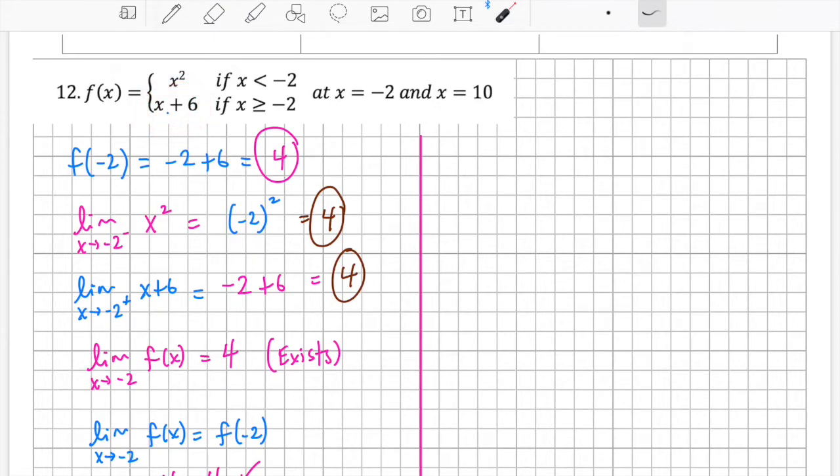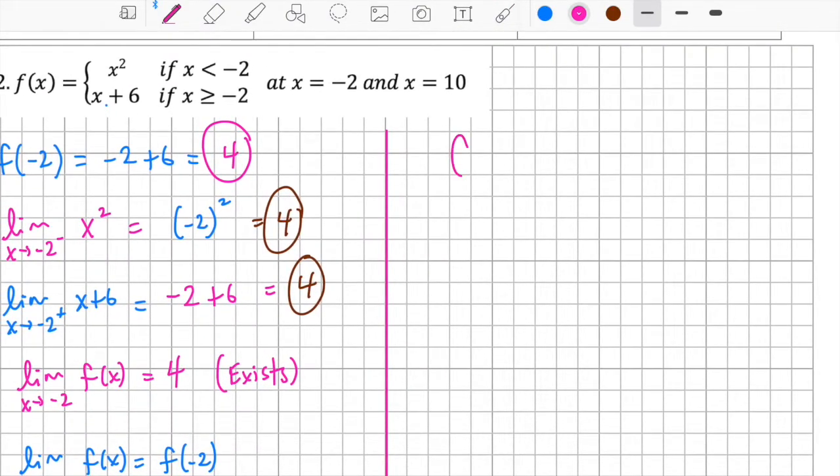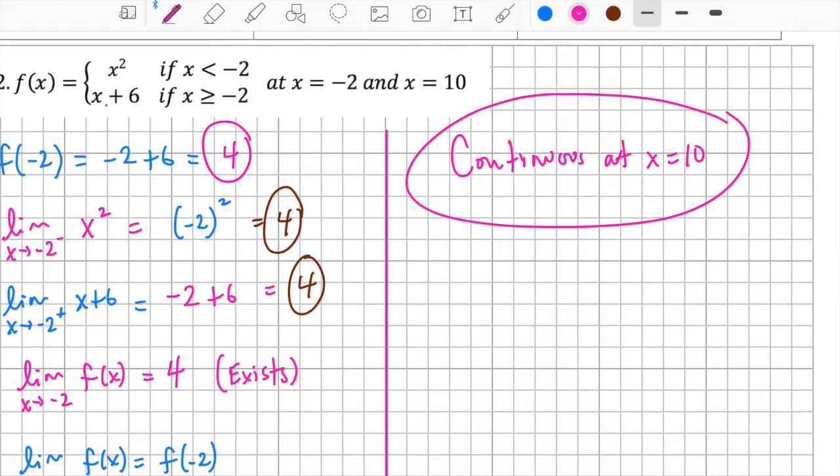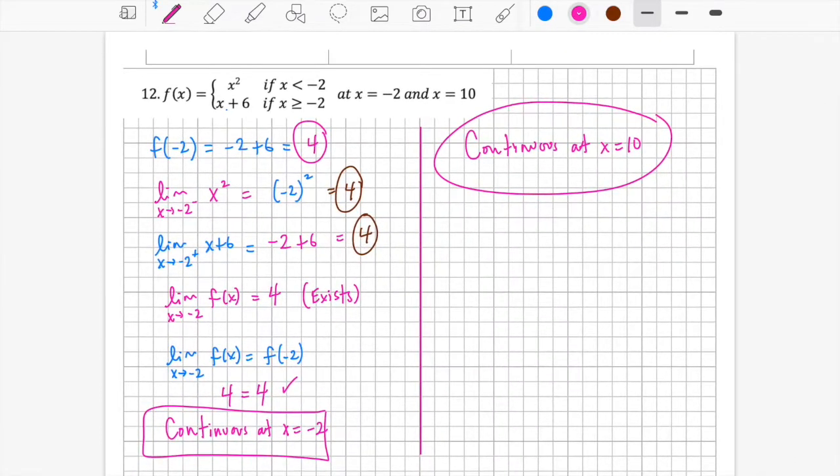Now, x plus 6 is a polynomial. It's a line, but it's still a polynomial. And since it's a polynomial, it is continuous everywhere when x is greater than or equal to negative 2. So 10 is greater than or equal to negative 2, and therefore it is also continuous at x equals 10. That's the easy way. If not, you go ahead and do the 3 conditions to see if they're met.